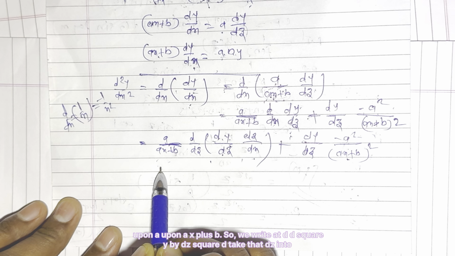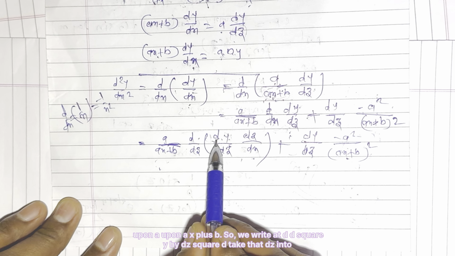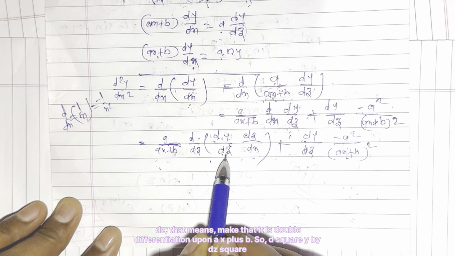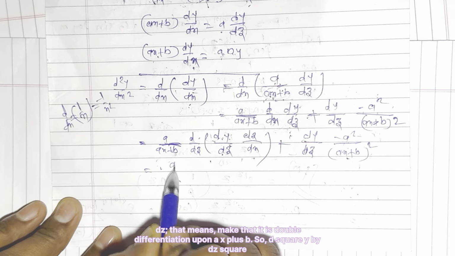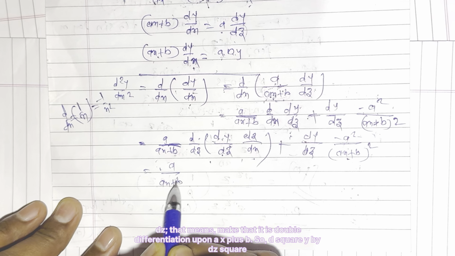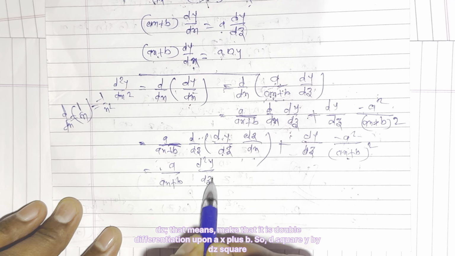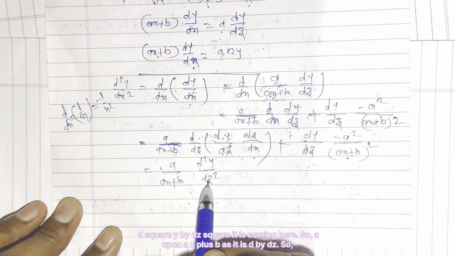So we write d square y by dz square, since dz into dz makes it a double differentiation.